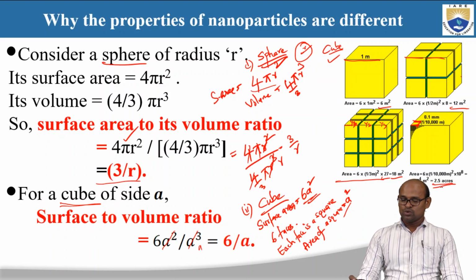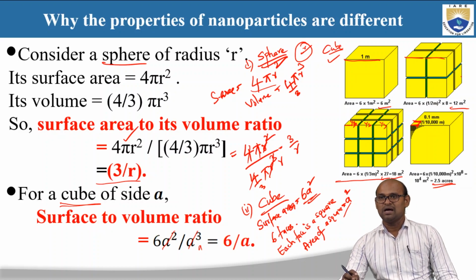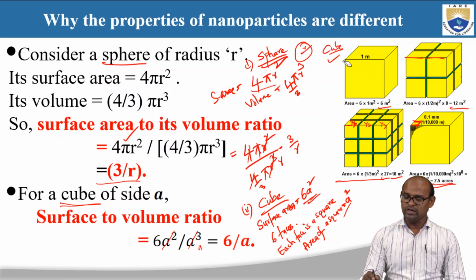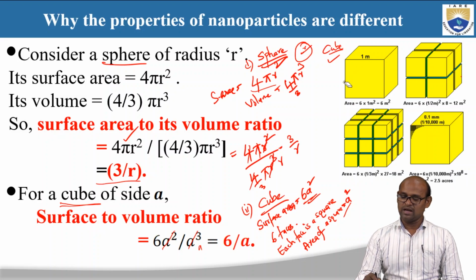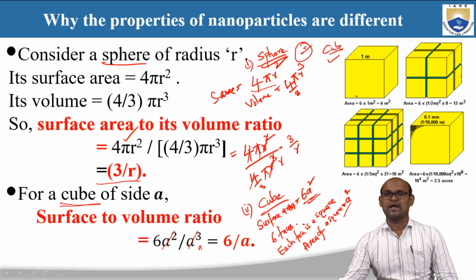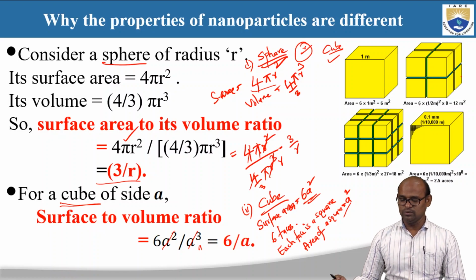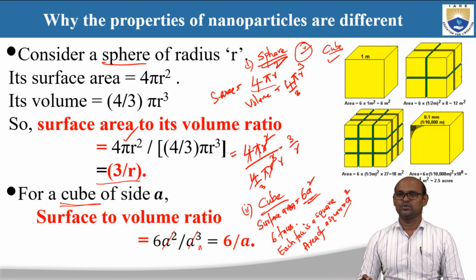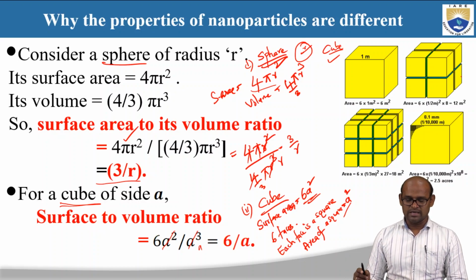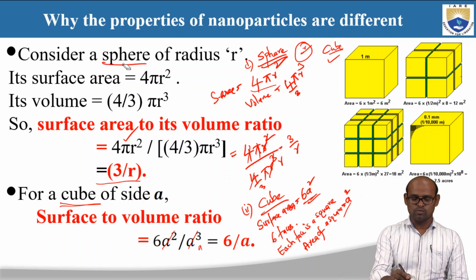Okay, so we can understand clearly from this example or exercise that the surface to volume ratio increases when we decrease the size of the considered unit cell. Here I have considered a cubic unit cell. When I divide this cubic unit cell into smaller and smaller parts, I found that the surface to volume ratio increases enormously as I divide further into smaller grains.